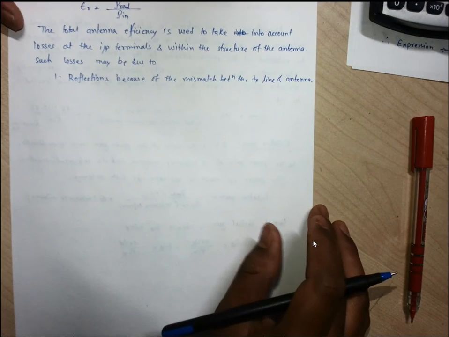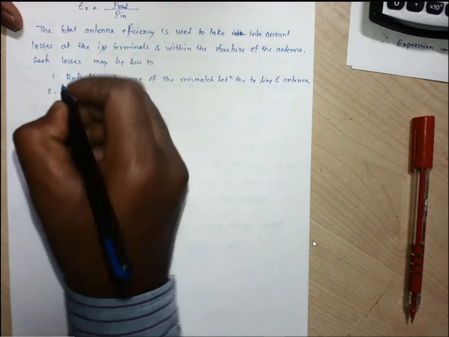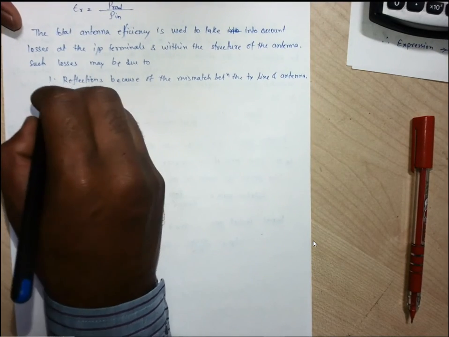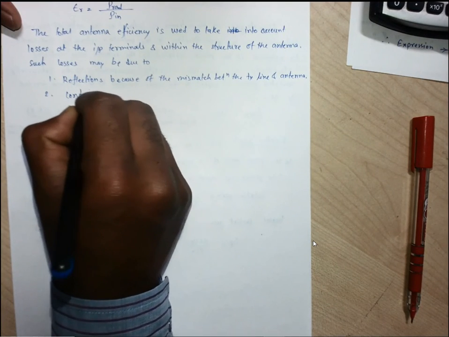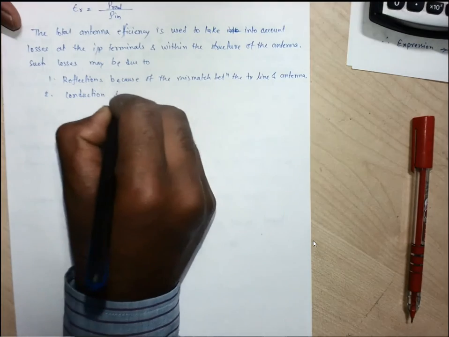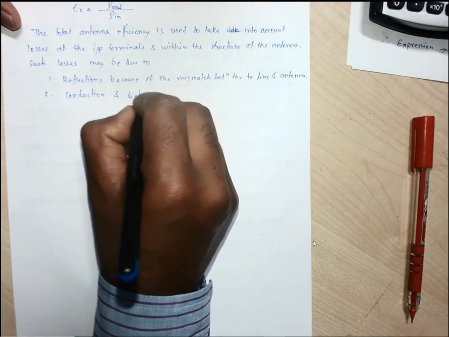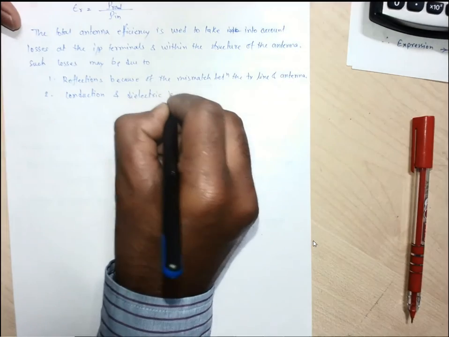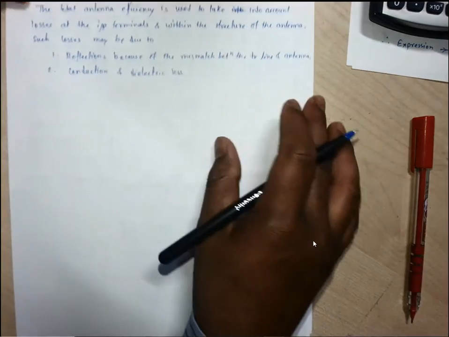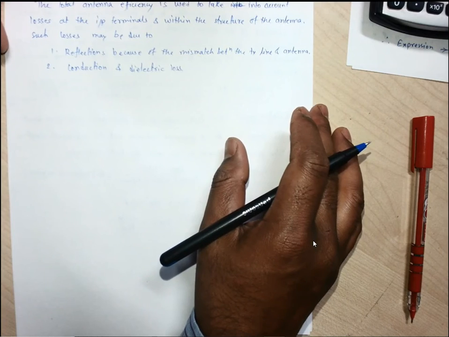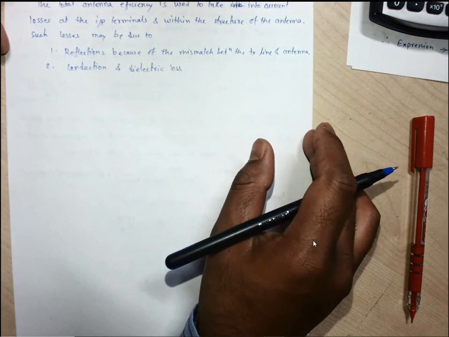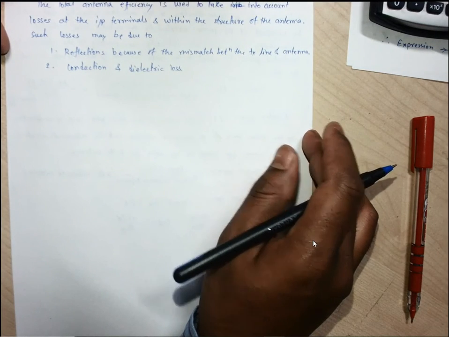The second loss may be due to conduction and dielectric loss. The antenna is located on which kind of dielectric?